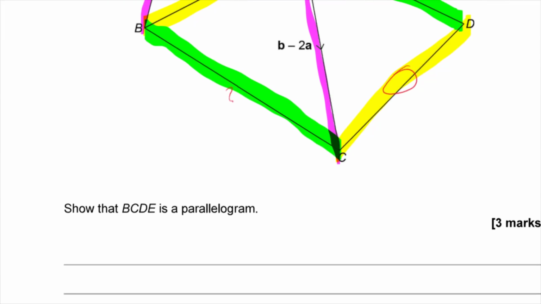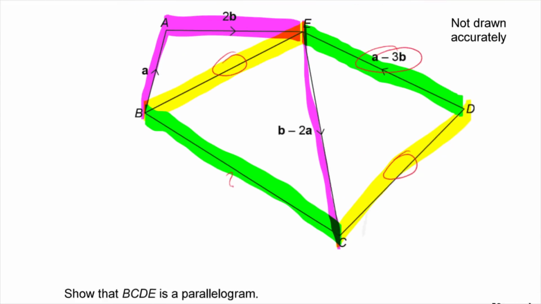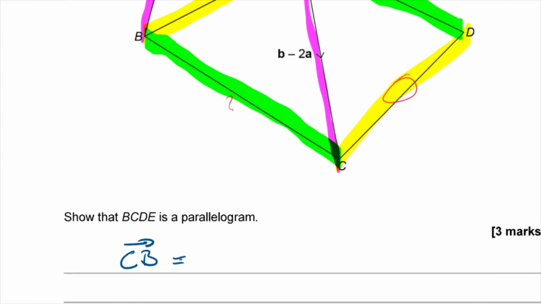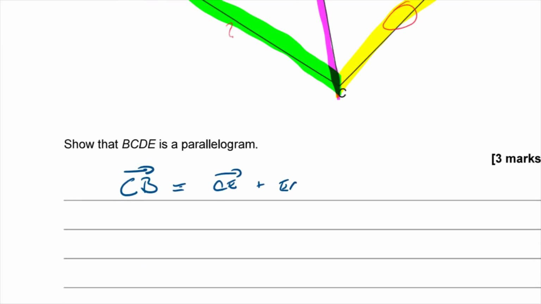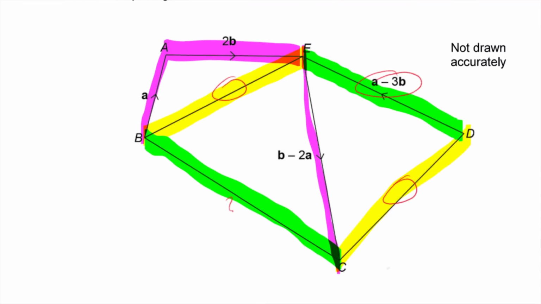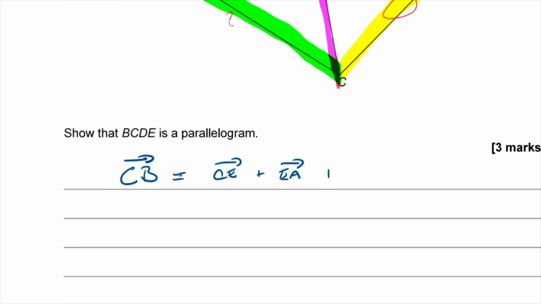Let's find vector C to B. Right, C to B is C to E plus E to A plus A to B. That's the route.